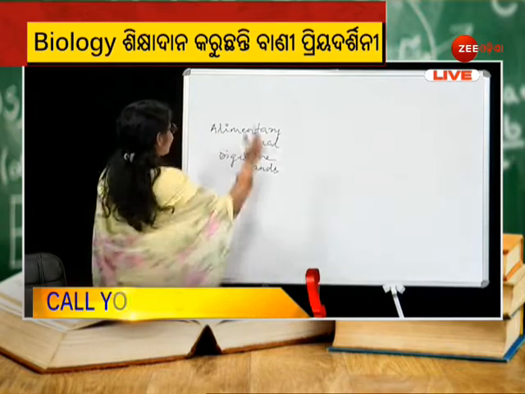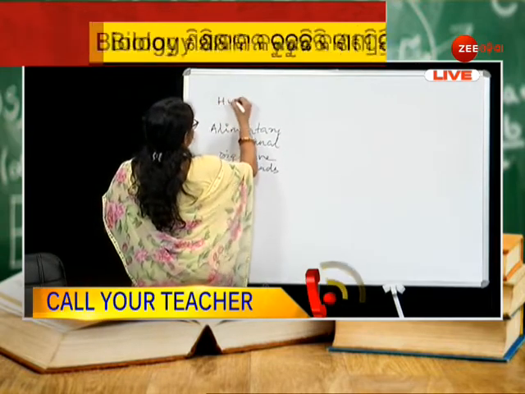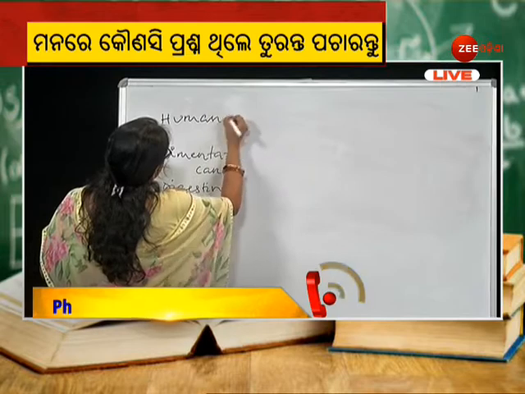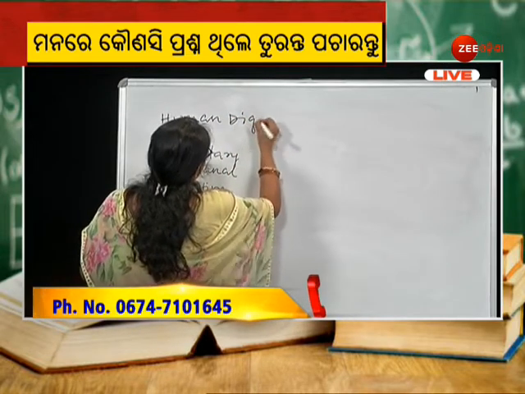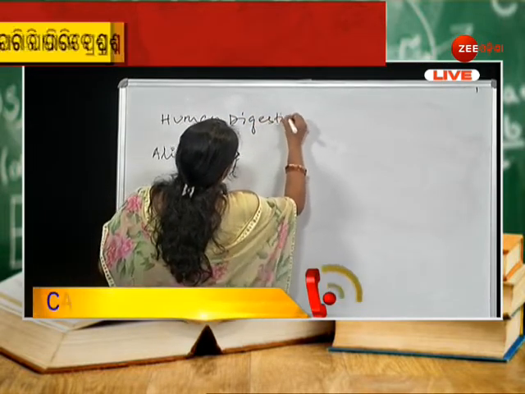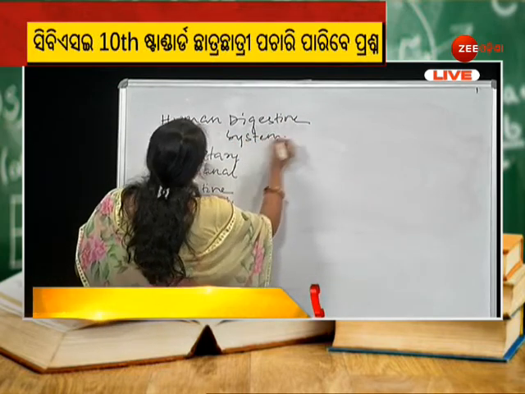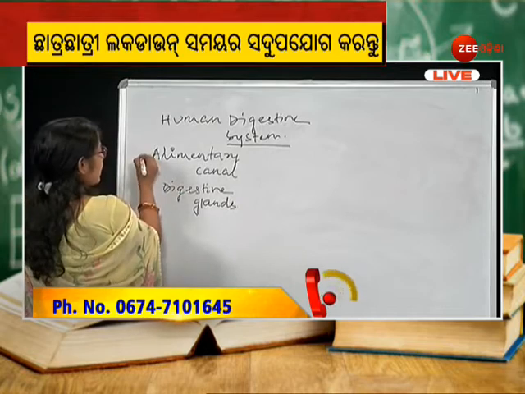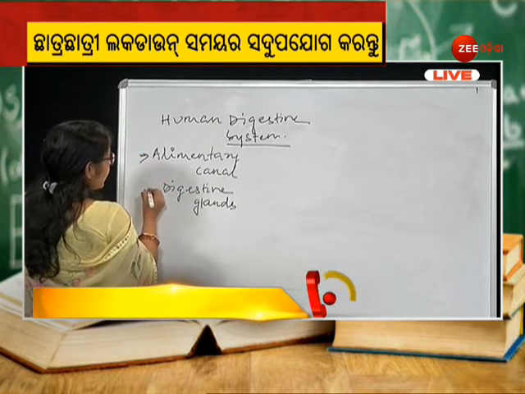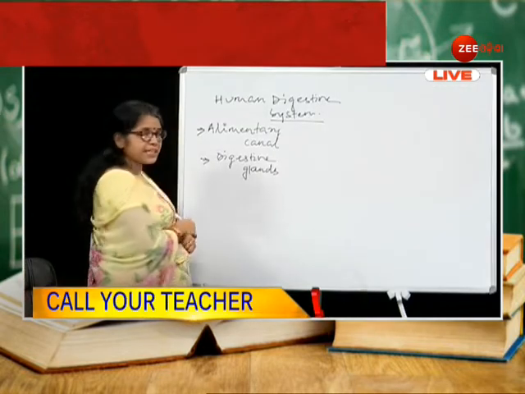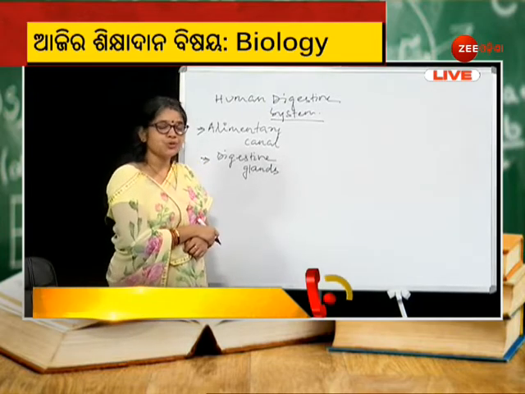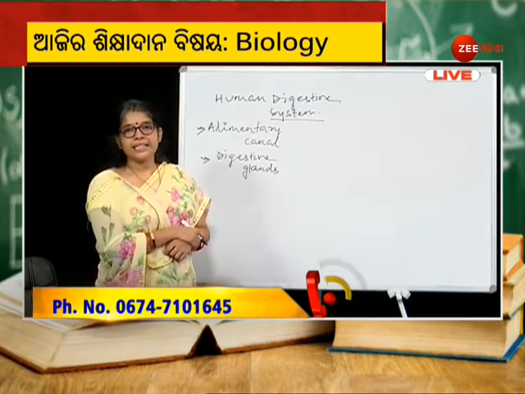The human digestive system can be described in two headings. First one is the alimentary canal and second one is the digestive glands. The alimentary canal starts with the mouth and ends in the anus.